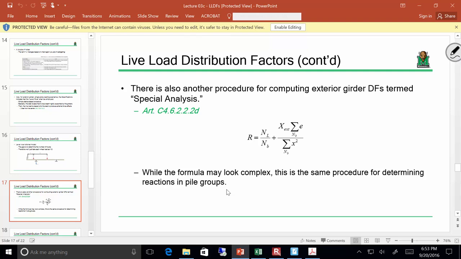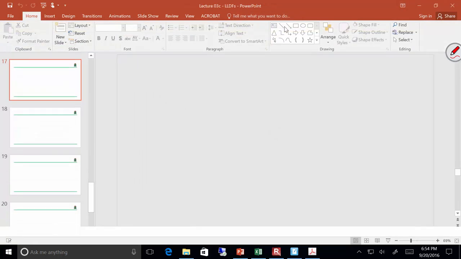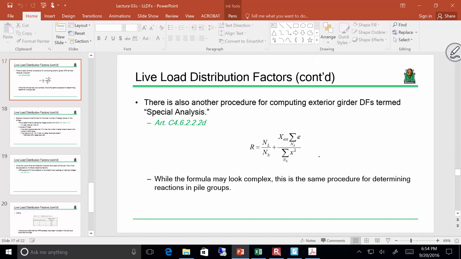I actually just noticed I have a mistake. I'm sorry. This right here is supposed to be NL. Apologies for that. This is on the Liveload distribution factor slide, slide 17, so that's probably the third one from the end.